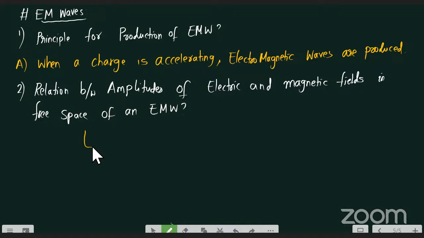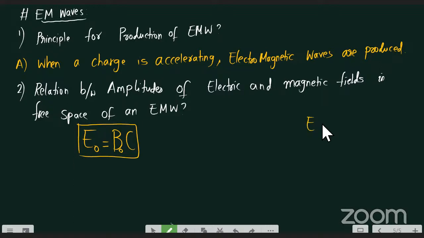The amplitude of electric field is equal to amplitude of magnetic field into C. If you want to remember this, you can remember it like A is equal to B into C. In place of A, you are writing E naught. So from where are we getting this? We have the electric field and magnetic field equations.